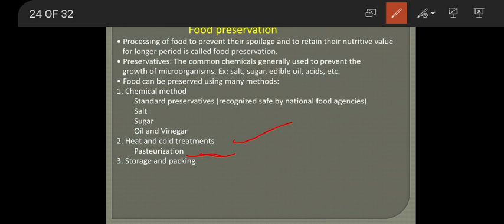Another method given here, the third method, is storage and packing. So when we are storing and packing, the food item should be free from moisture. That food item should be dried. For example, you can say fruits. Certain fruits like dry fruits, you must have heard, almonds, cashew nuts, grapes, dry grapes, etc. What they do, they will dry them, they will remove the moisture content.